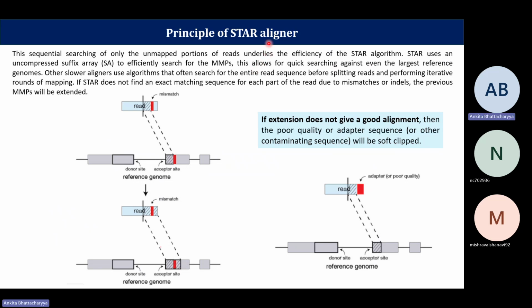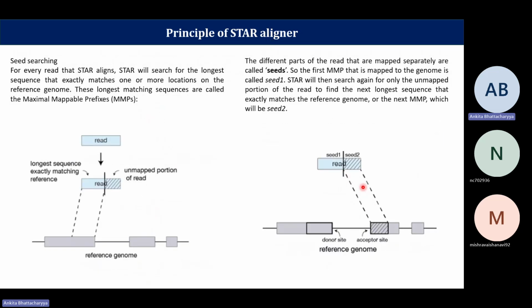You expect that these two have actually been overlapping a splice junction, and as a result, when you have one read which corresponds to two sequences which are far apart on the reference genome, they have come from a splice site. That is why we call STAR aligner a splice aware aligner, which is capable of detecting such splice junctions.